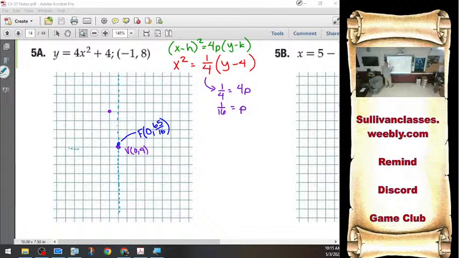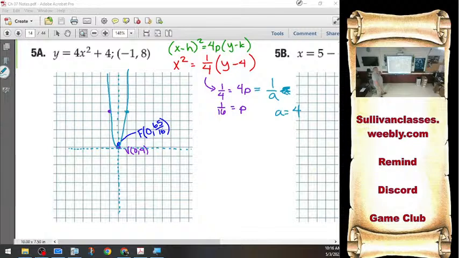My directrix is barely off the line here. And if I go from my vertex left 1 up 4, then I can also go right 1 up 4 to make a skinny mini graph. Which should make sense. Remember that this is also 1 over a. So that means a is 4. It's a 4 times vertical stretch.